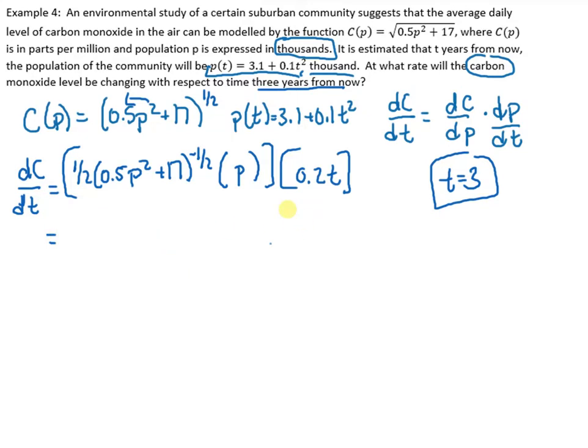Okay, so we can simply sub in 0.2 times 3 right here, but we can't do that with C at P. So what we have to do is we need an expression for time. Okay, so P at 3 equals, because we want P because we have to sub in P to the dC by dP.